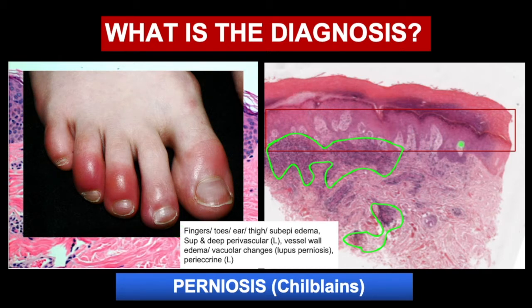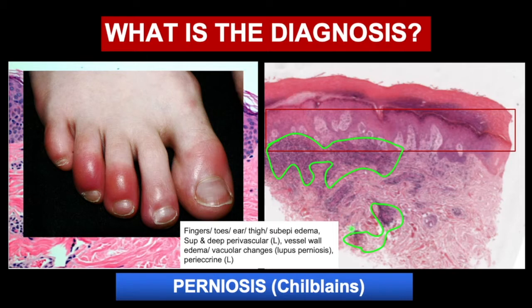Superficial and deep perivascular inflammation, mostly lymphocytes, and the vessel walls are affected. If you go on high power, you will see edema and vascular changes, especially in lupus perniosis, similar to the lichenoid changes we see in lupus, and it also affects the periecrine area.